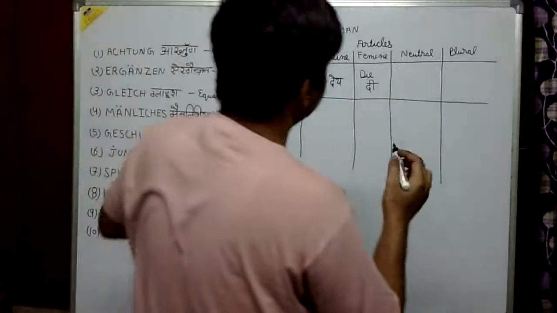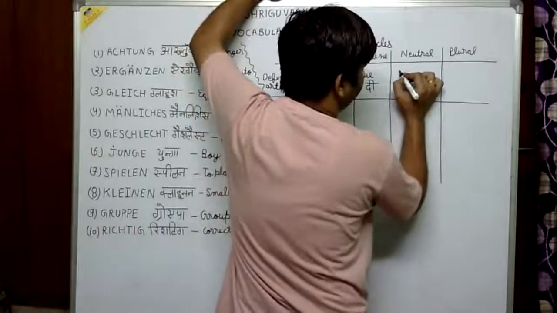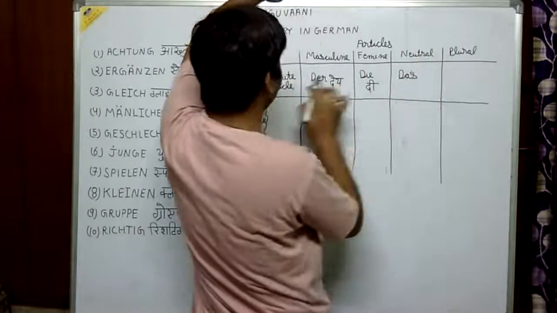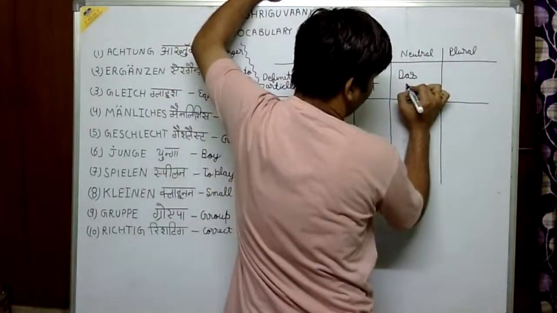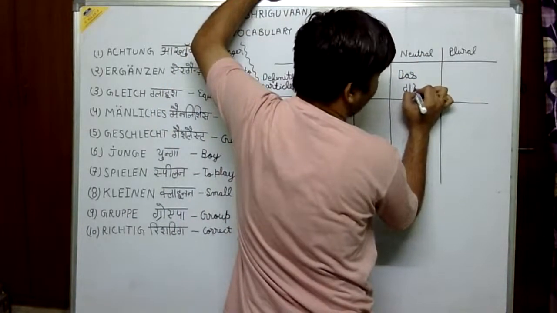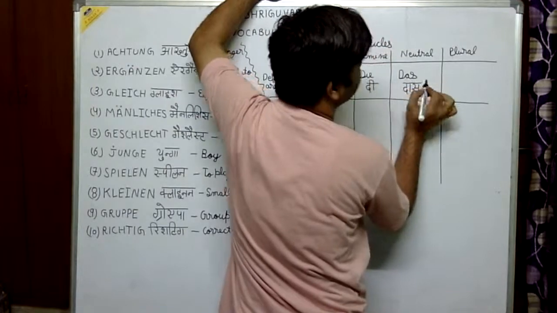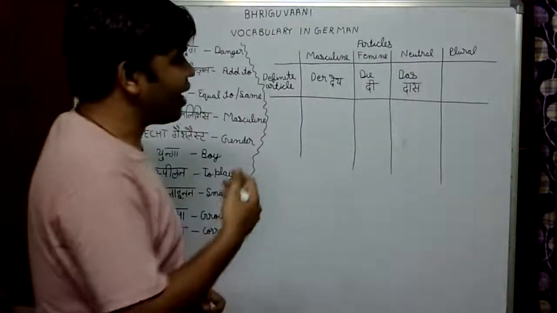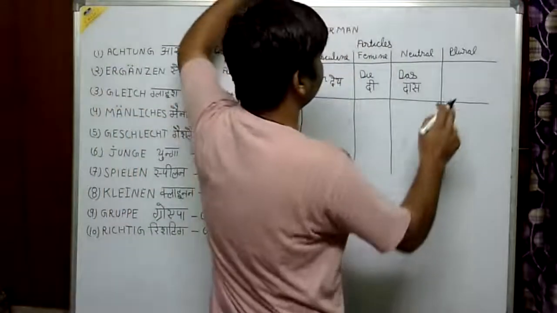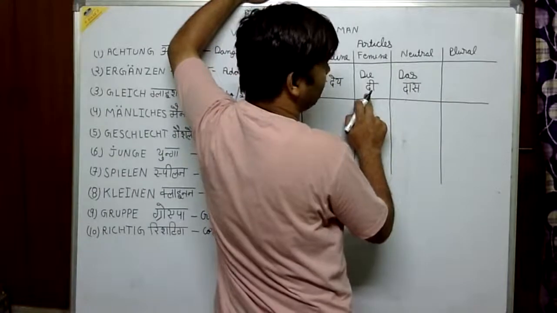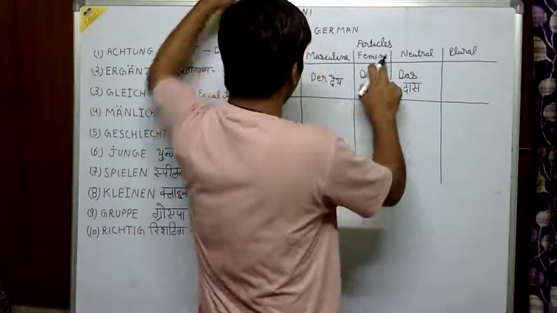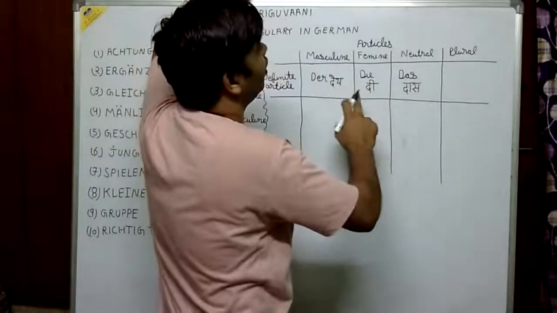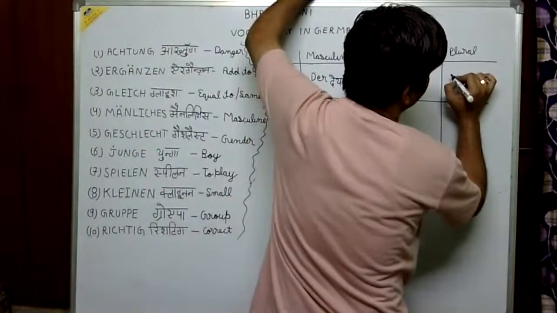For neutral cases we have das. For neutral definite articles, we say das. And again for plural, whenever we have some plural nouns, we again use the word die, as we are using in the case of feminine definite articles, so we use the same word for plural nouns also.